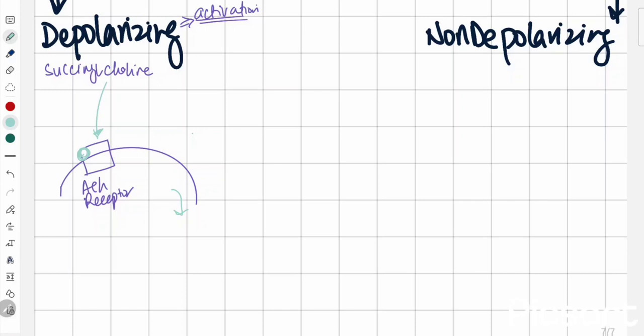So that nerve terminal first remains depolarized. It remains depolarized for such a long time that it gets tired and it relaxes. The muscle relaxes.